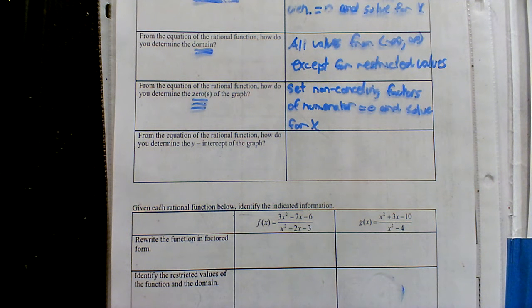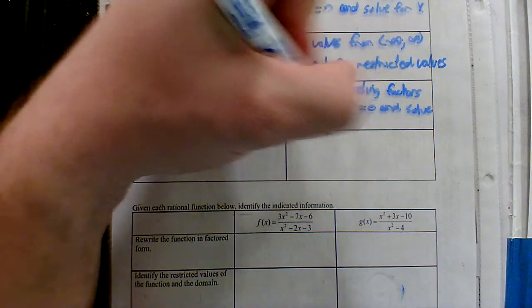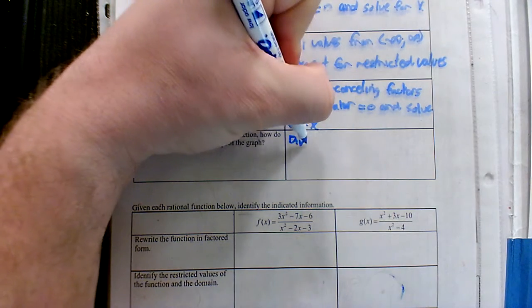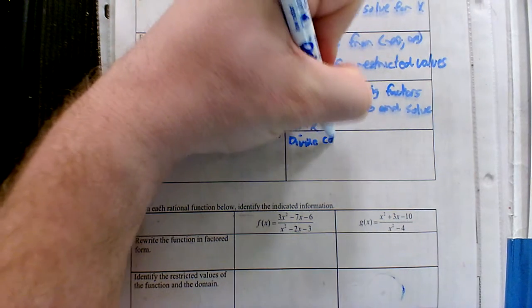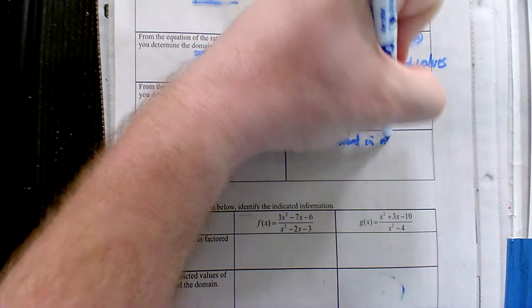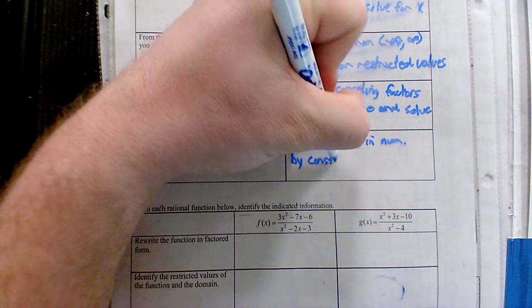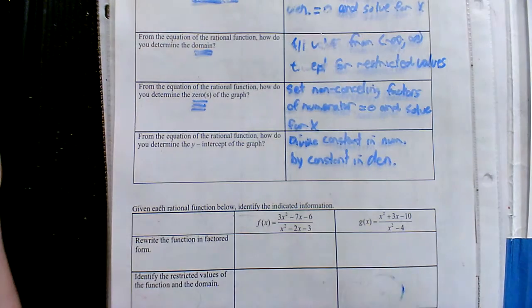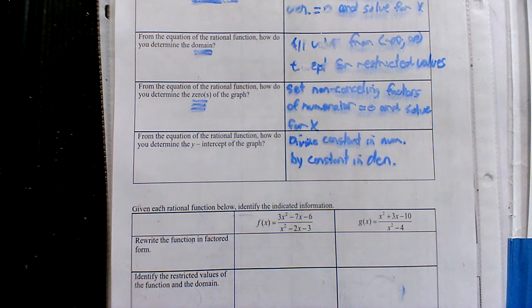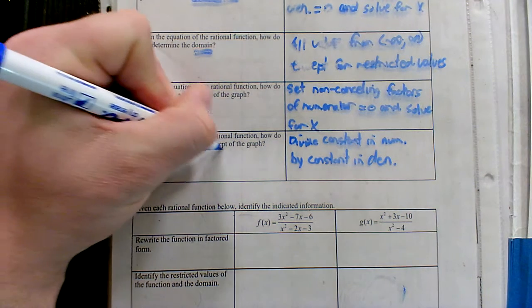Yep, divide the constant term in the numerator by the constant term in the denominator. Again, that's for your y-intercept.